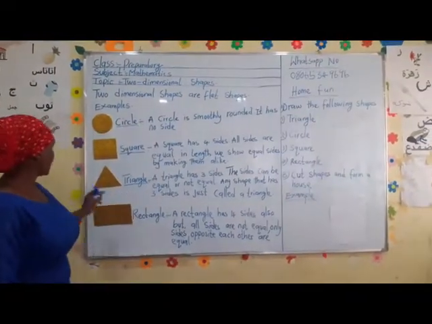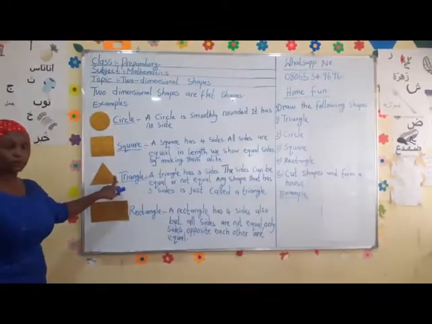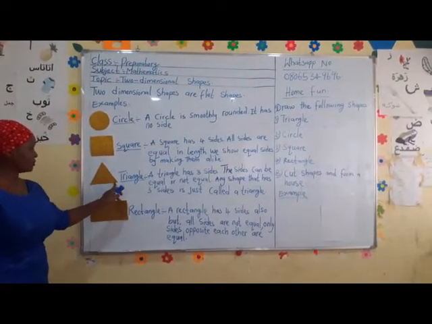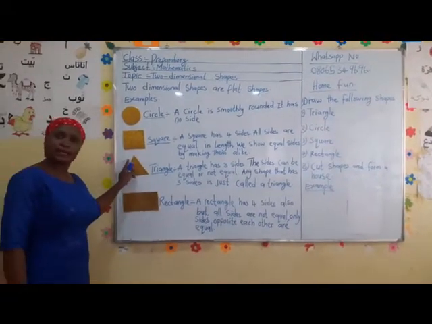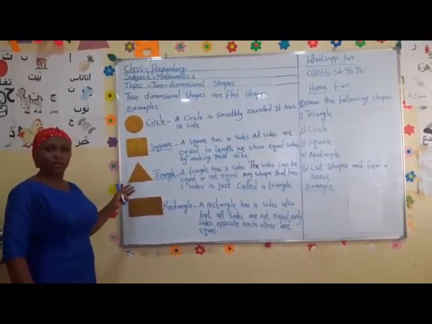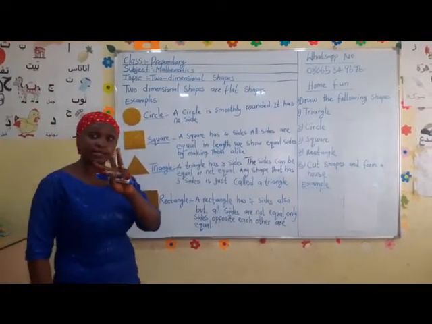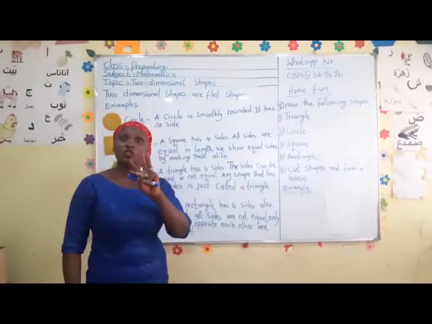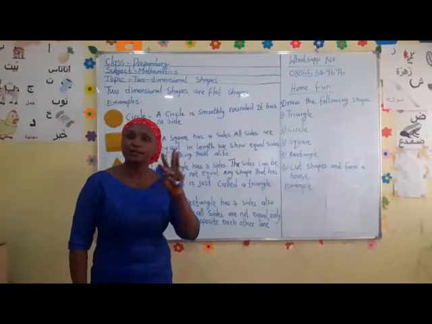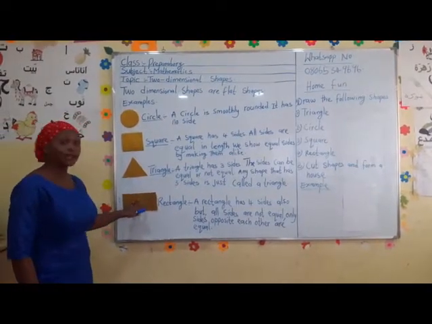Let's look and see. This side and this side are equal, and the other side is a bit different from the other ones. So any shape that has 3 sides is called a triangle. It's called what? Triangle.